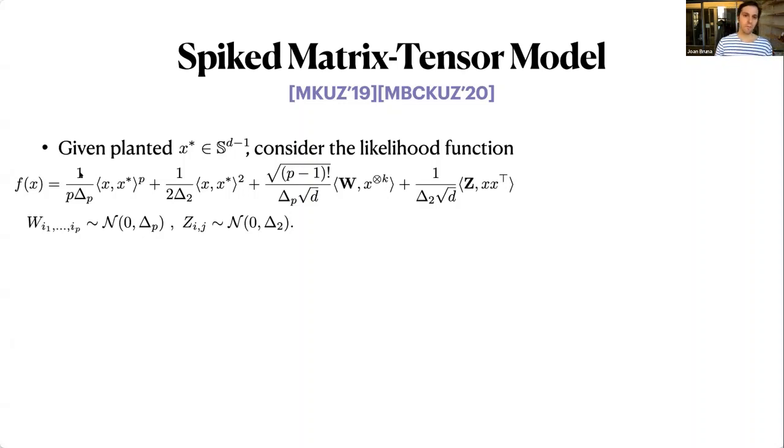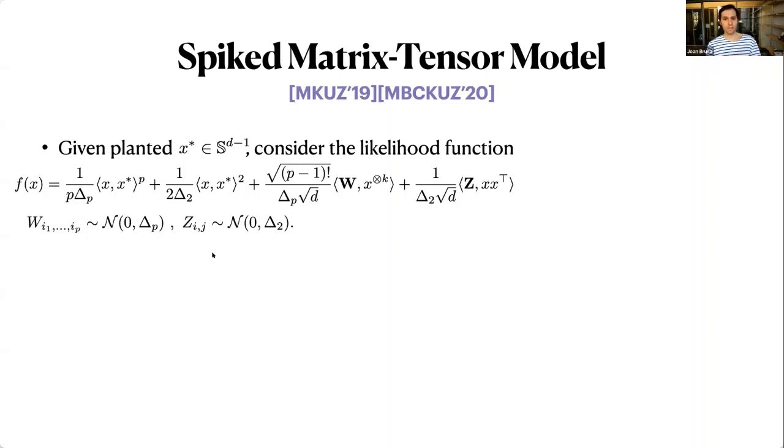I have some planted rank-1 signal of order p that is bigger than 2, and I combine it with a rank-1 covariance measurement. So I have two sources of information, and I try to find the solution that agrees with both. If you combine all these together, you end up with a likelihood function that looks like a combination of an order p and an order t term.